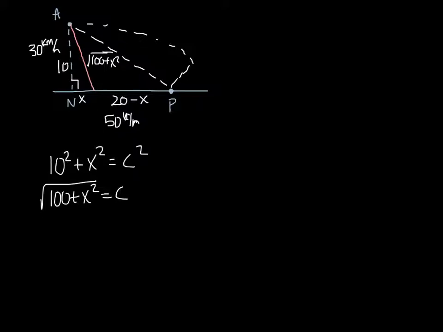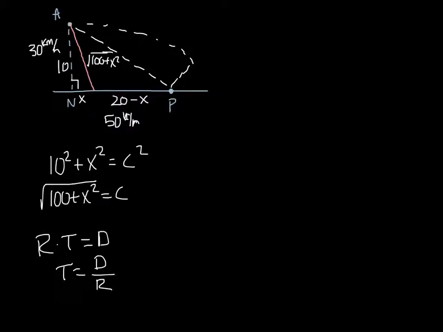All right, so I think I can find, again, I'm going to keep bringing this up, rate times time is distance, so time must be distance over rate. So my total time is going to be the sum of two different times, like in the previous part where we were going straight from A to N, and that was a certain time, and then straight from N to P, and that was another time.